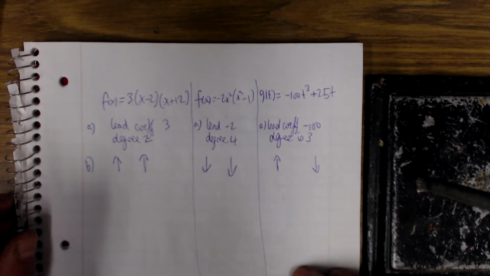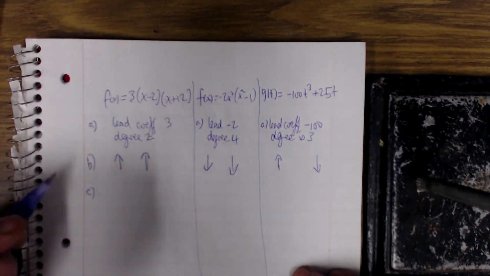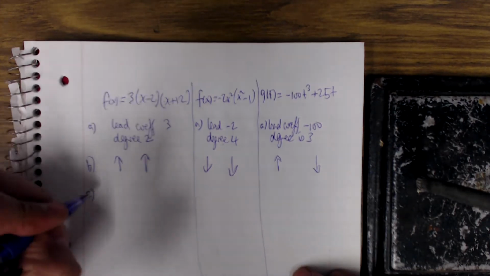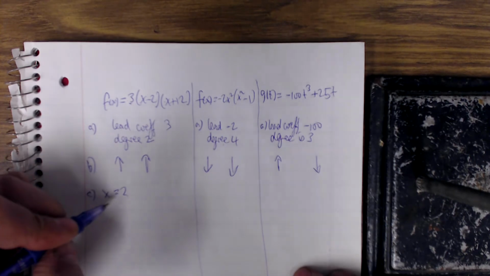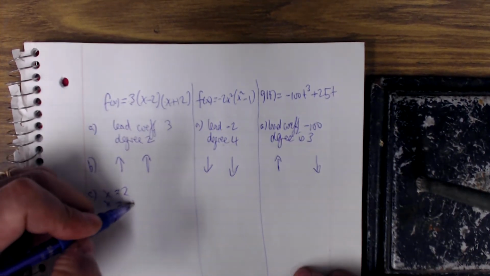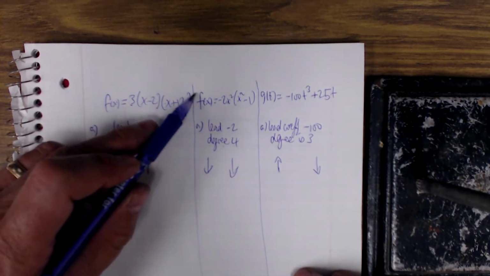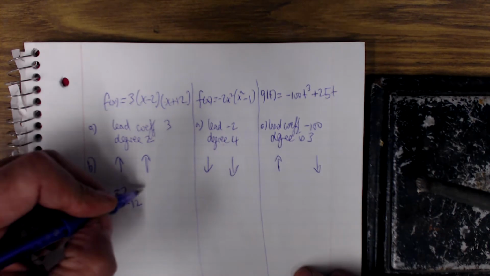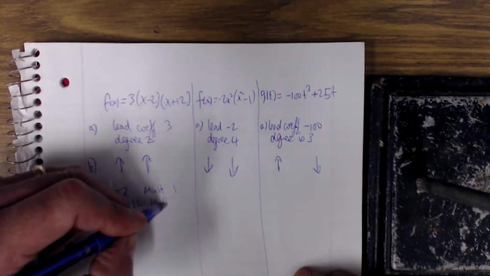Now for part C, which is asking for the zeros and how they behave. If it's factored, it's easy. Let's have a look. The zero that goes with this factor is plus 2. The zero that goes with this factor is negative 12. Since each factor only occurs once, because it's got a power of 1 here, its multiplicity is 1, and this multiplicity is 1.